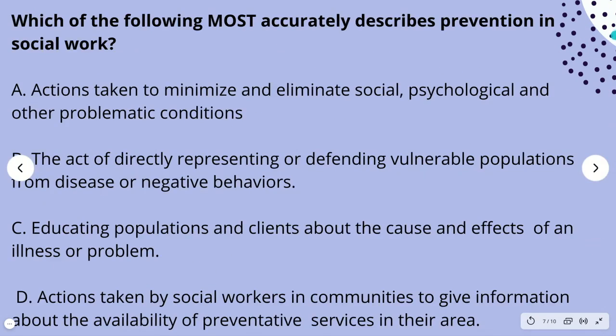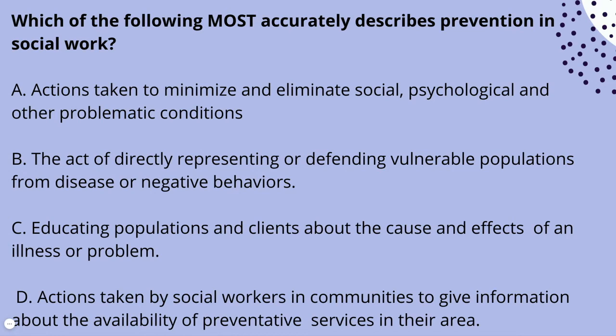Okay, let's end with a practice question. Which of the following most accurately describes prevention in social work? A, actions taken to minimize and eliminate social, psychological, and other problematic conditions. B, the act of directly representing or defending vulnerable populations from disease or negative behaviors.